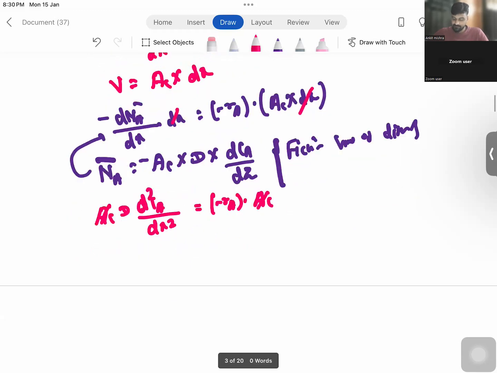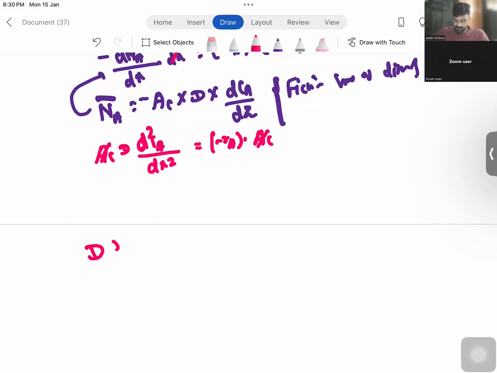So what I can write is D2CA divided by dx square minus Ra, that is equals to 0. And what is minus of Ra?